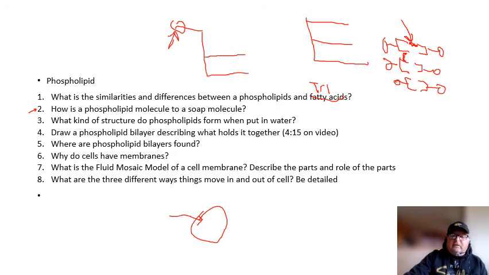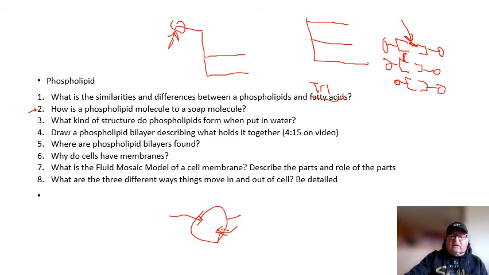It'll have receptors, which will let the cell talk with the outside world. It'll have channels so that things can move in and out. Okay. And so the mosaic is all these different things that are attached to it. There are carbohydrates and so forth. You could go back and look at the notes on that.